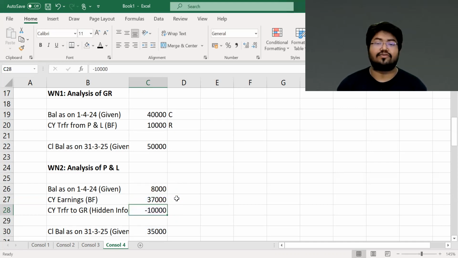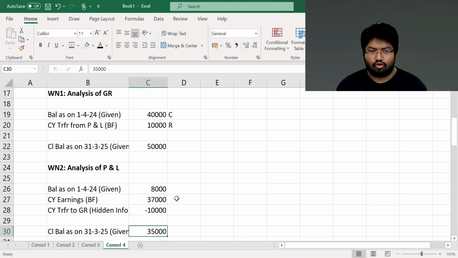It is 37,000 which is earned during the current year. Am I making sense? Sir, can you explain once more? I'll explain once again. He has got a balance of 8,000 rupees in the beginning. He earned something, I don't know. But he transferred 10,000 rupees to general reserve in the current year. After doing all these transactions, he is left with a balance of 35,000.